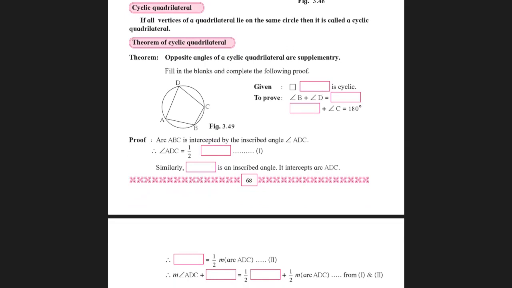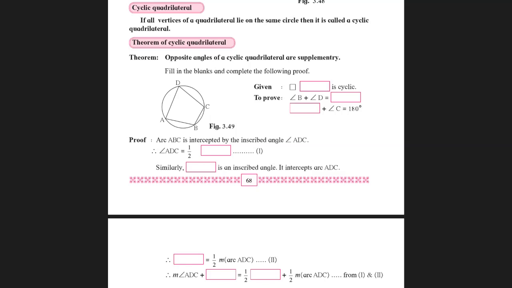Fill in the blanks and complete the following proof. Given: quadrilateral dash is cyclic. What will you write? Quadrilateral ABCD is cyclic. To prove: angle B plus angle D is equal to 180 degrees; in the next box you will write angle A plus angle C is 180 degrees. Okay.